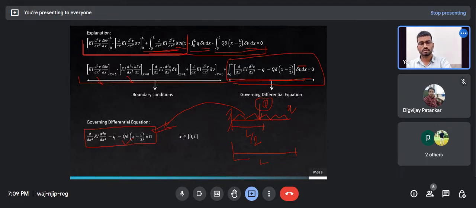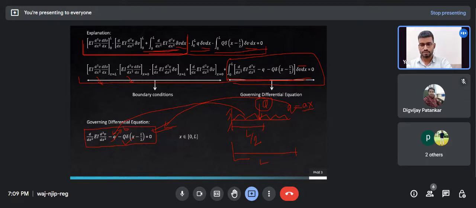If there is no Q, or uniformly distributed load, you can equate it to zero. And if your varying load is a function of x, suppose this is a function of x, you can substitute the value of Q here in terms of x or whatever function it is.